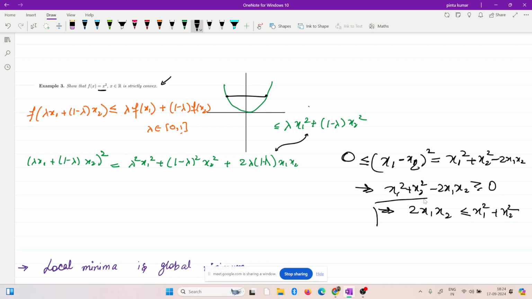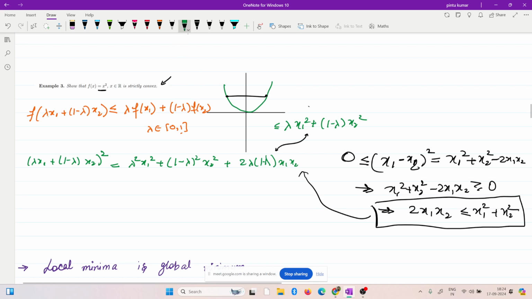So we will use this particular identity and put it over here. We are replacing this 2 multiplied by x1 and x2 by x1 square plus x2 square. So we will have a greater than or equal to sign over here, right?